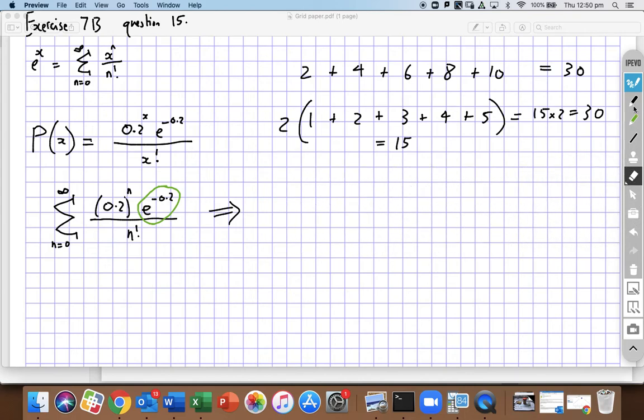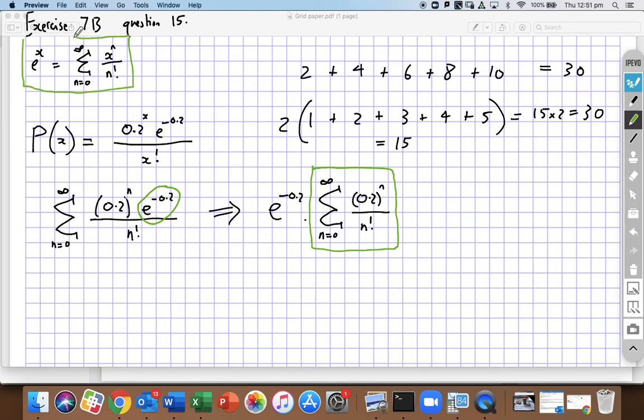I could rewrite this as e to the minus 0.2 times the sum from n equals 0 to infinity, and we'd be left with 0.2 to the power of n on n factorial. And this is where I need to compare this to this.